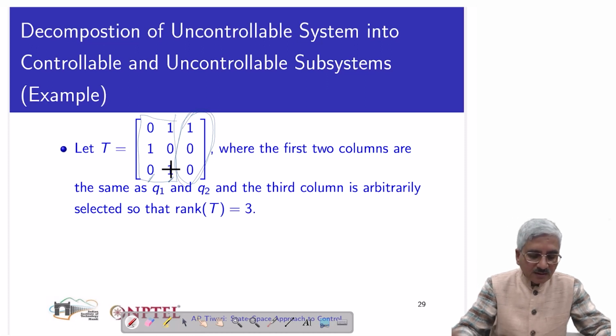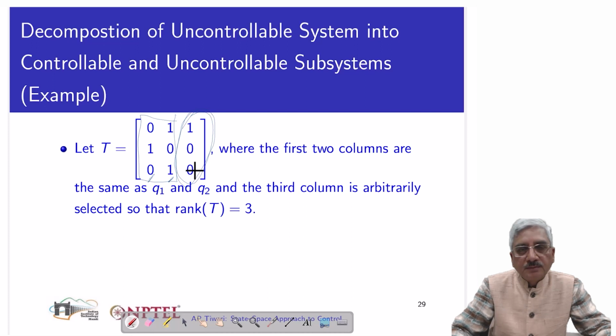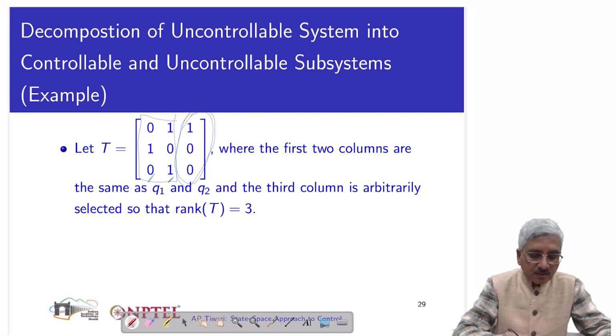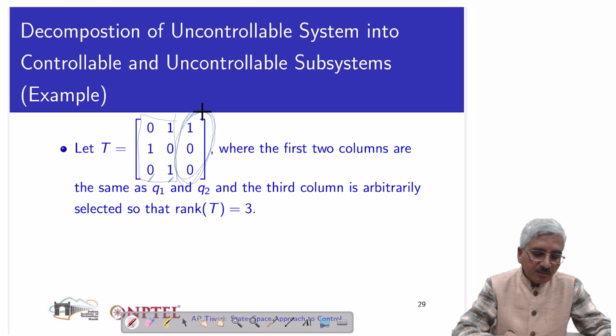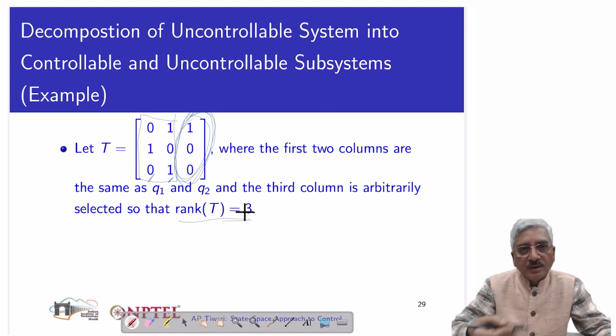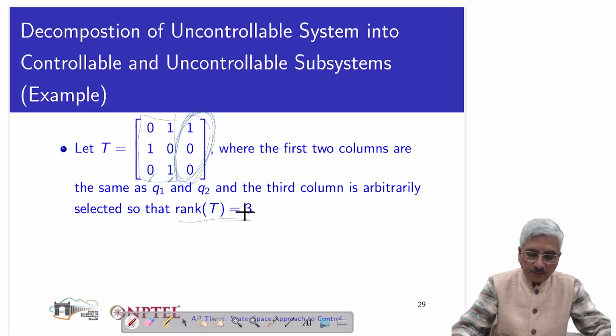We could have selected some other value also, but this was a very simple one I could think of. You can repeat the same problem with some other selection which still gives a rank of 3, and you will still get the decomposition into controllable and uncontrollable systems.